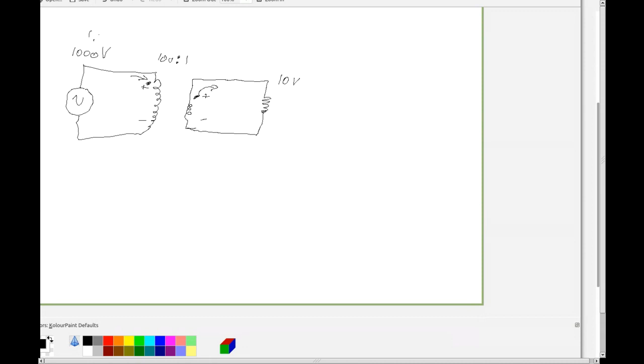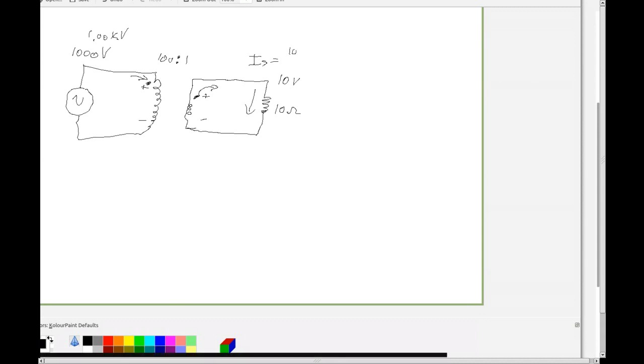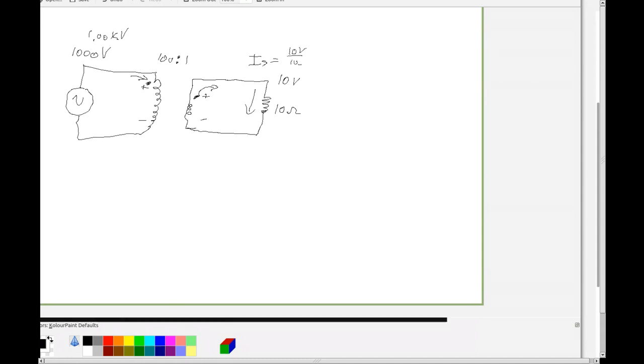Right, or 1.0 kilovolts. And so let's say that this is 10 ohms. Okay, so this is 10 ohms. So our current I on the secondary side is going to be 10 volts divided by 10 ohms, which will be 1 amp.